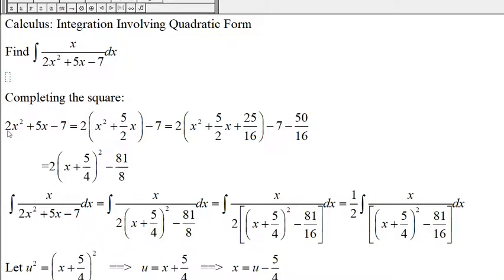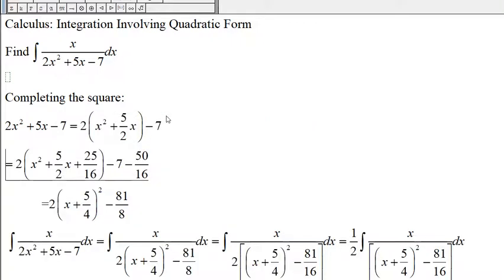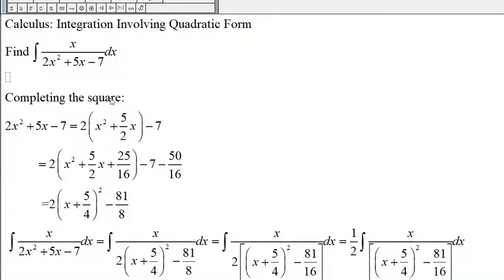And so here, we'll rewrite the 2x squared plus 5x as 2 times x squared plus 5 halves x minus 7. And then to do completing the square, take half of 5 halves.